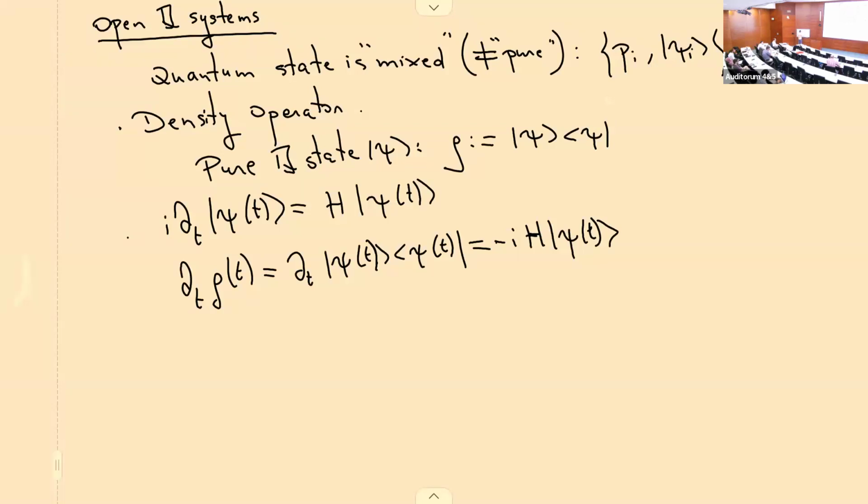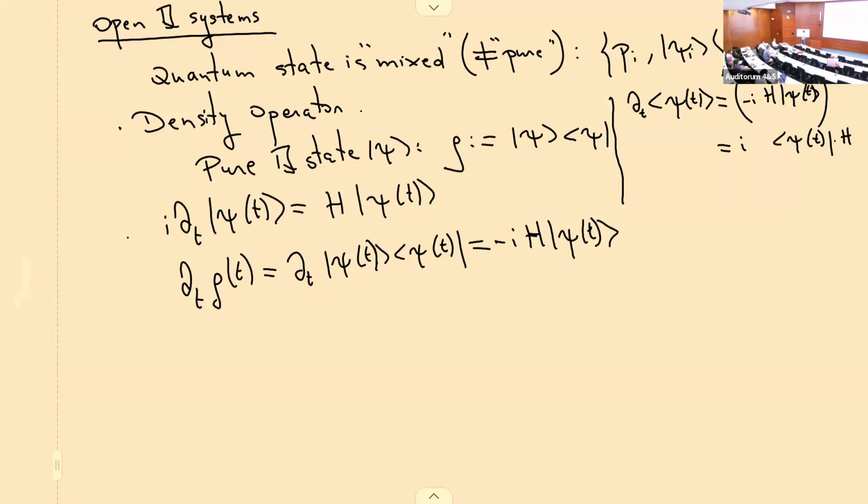And then for the other one, I take minus i H psi of t, everything dagger. So minus i becomes i, and H dagger, H is Hermitian, so this is just H psi of t.